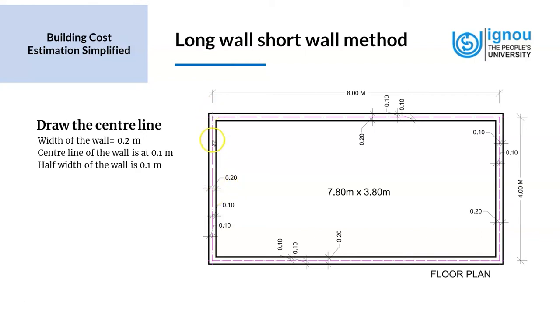The central line is shown in a semi-dotted line, and it runs around the wall, as you can see. On either side, the measurement of the wall is the same, which is 0.1 on one side and 0.1 on the other side.